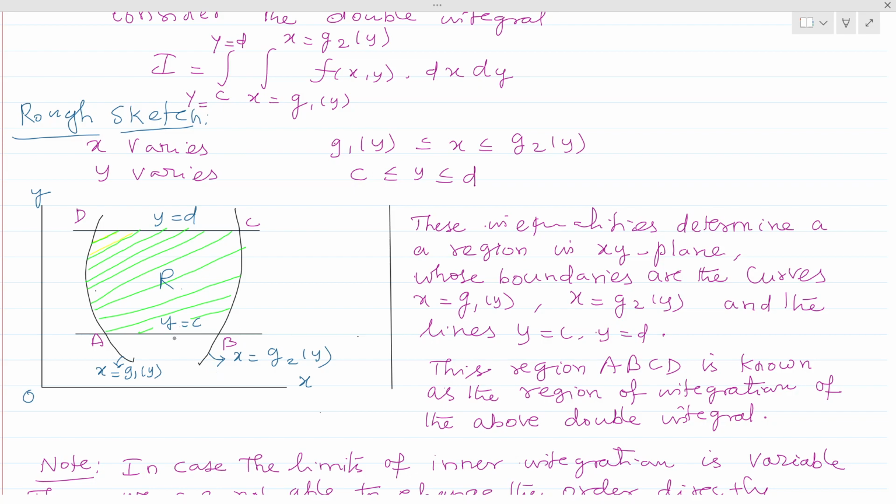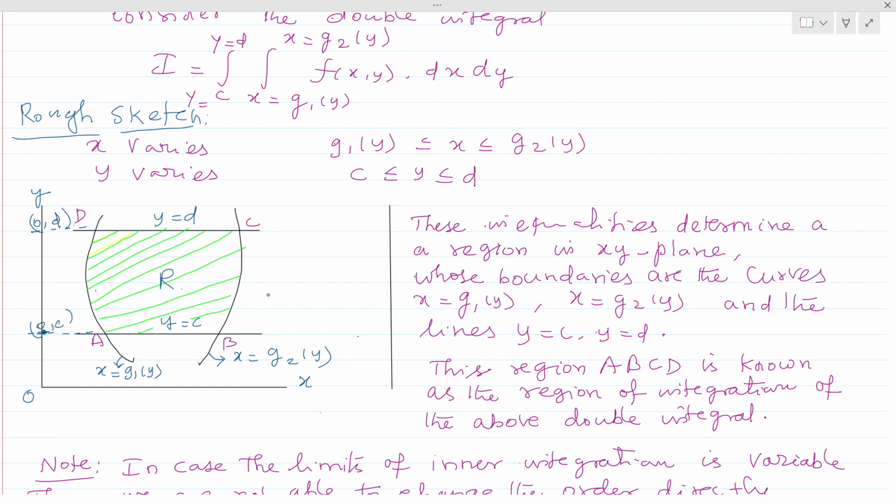So here we write y equal to c, and then y equal to d here. What is the point here? 0 comma c, with x equal to 0. Here also we can write 0 comma d.